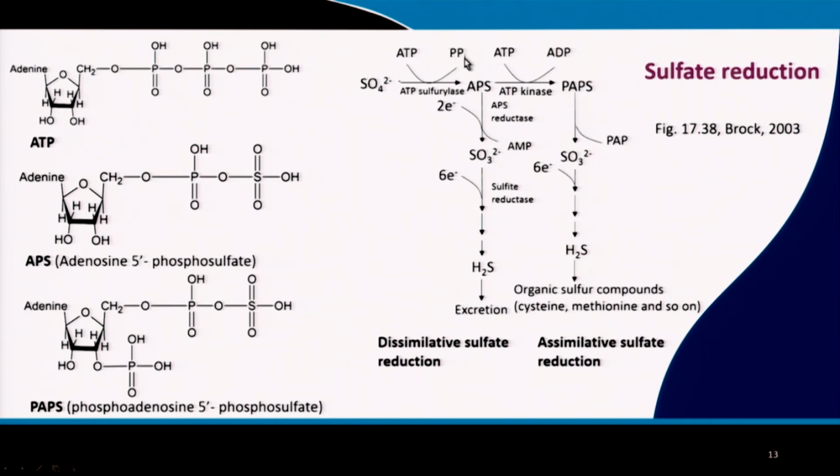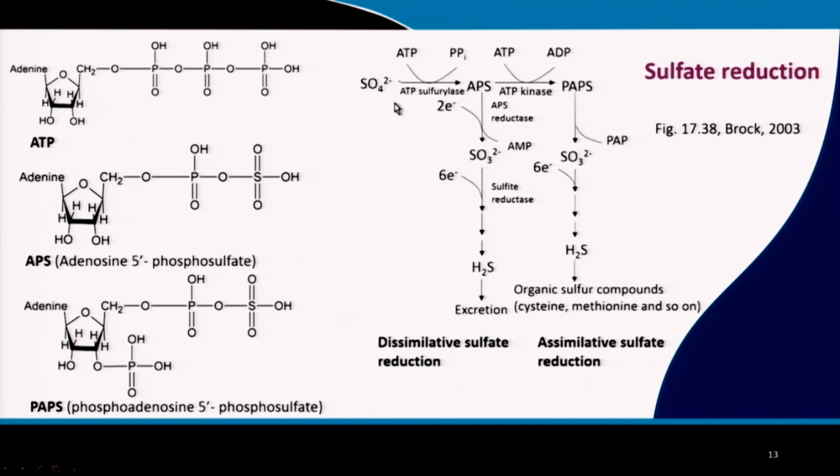The two phosphates are released, APS is formed, 2 electrons are transferred to form sulfite, and AMP, adenosine monophosphate, is released. Sulfite picks up 6 electrons and is converted through a series of reactions mediated by sulfite reductase to form H2S or hydrogen sulfide. Now this H2S is excreted into the environment through the pathway of dissimilative sulfate reduction.